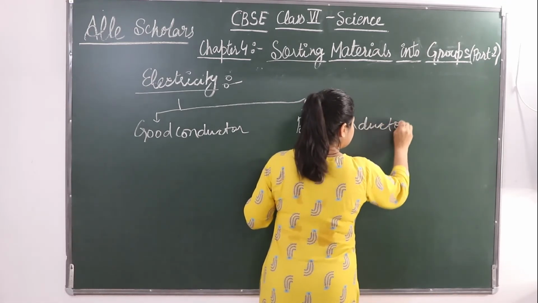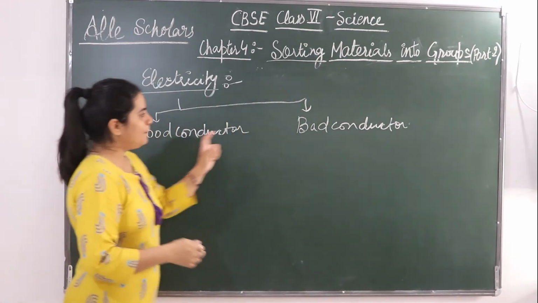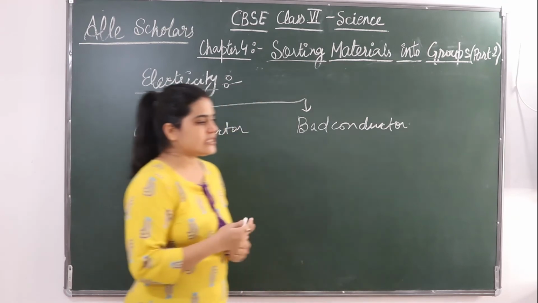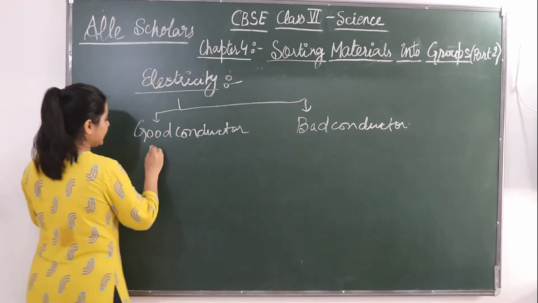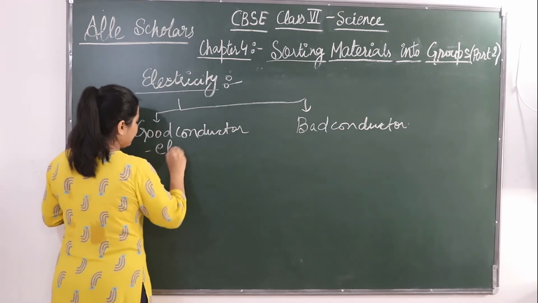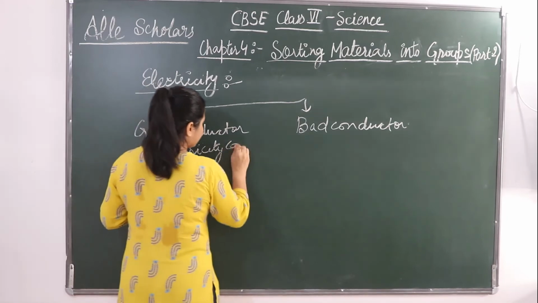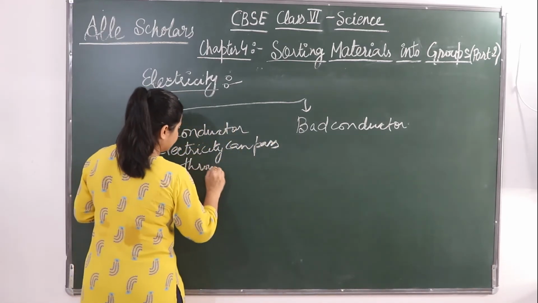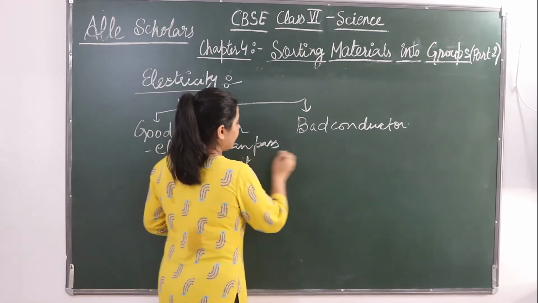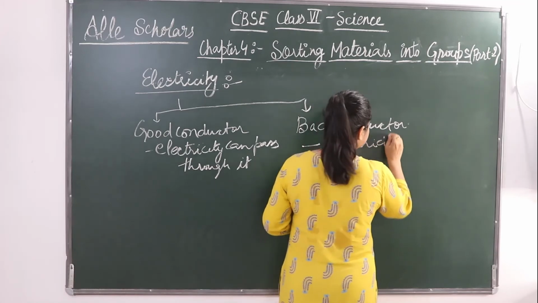A good conductor is one through which electricity can pass. A bad conductor is one through which electricity can't pass. So in a good conductor, electricity can pass through it. In case of a bad conductor, electricity cannot pass through it.